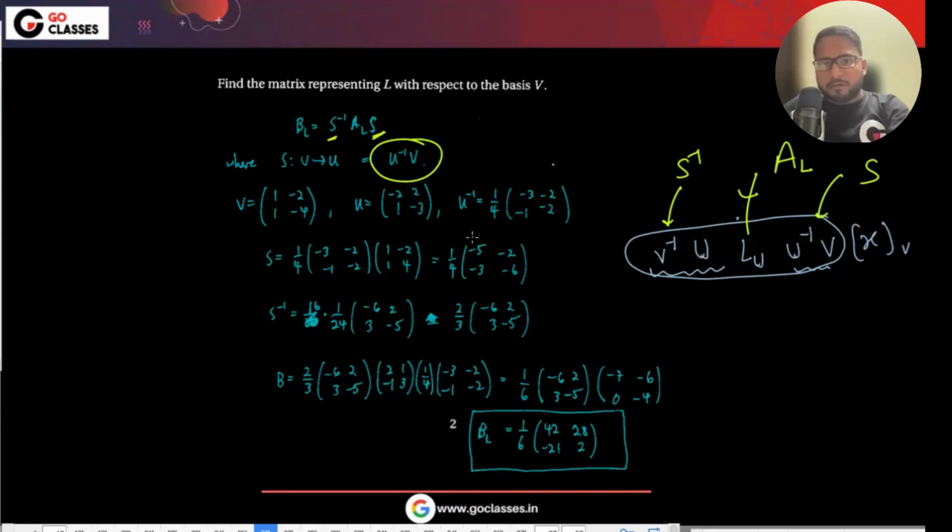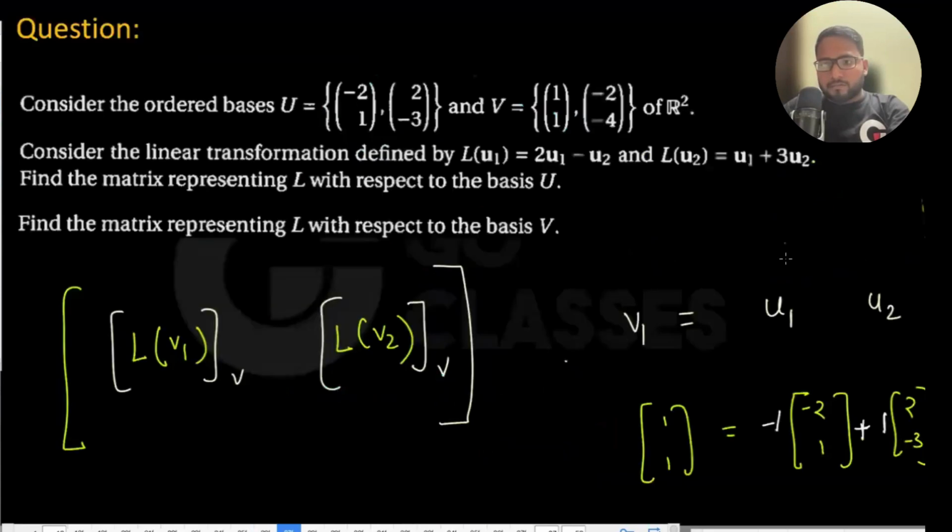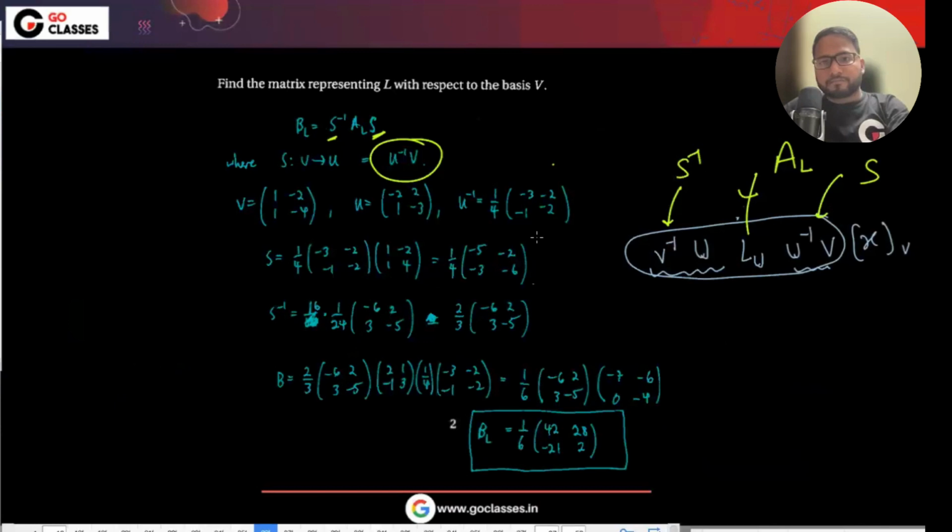Let's just find, how much is U inverse? So basically it is nothing but U inverse into V1, right? Yeah, -5/4 and -3/4.